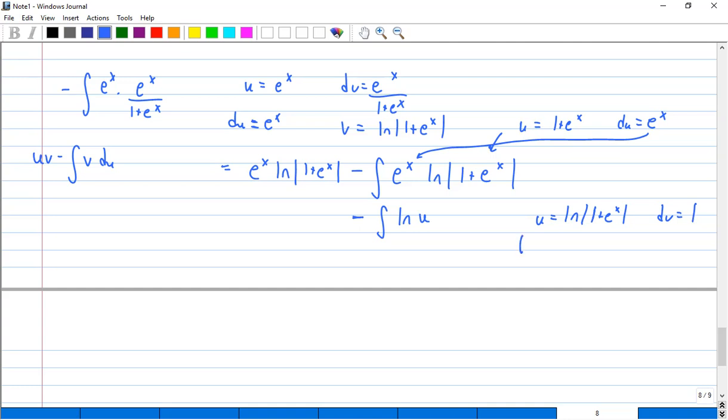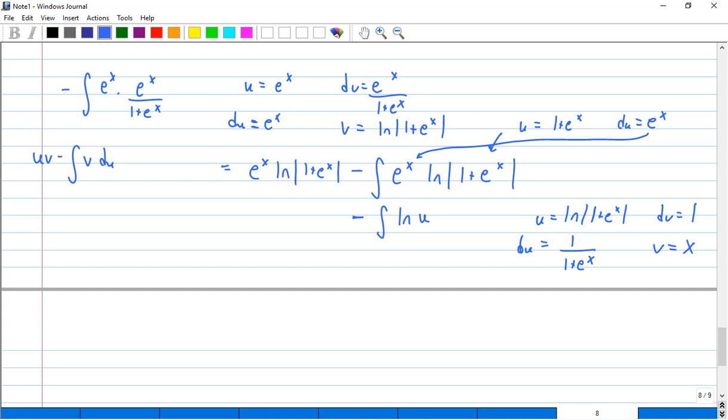So your du would be equal to 1 over 1 plus e to the x, and your v would be equal to x.